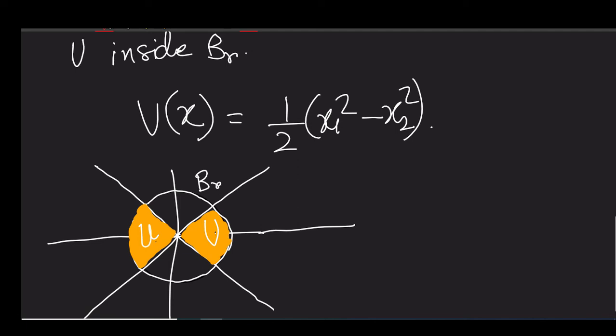This is BR, that radius, and this one is inside this. We are getting U. Now another V(x) we can have. How would it look?